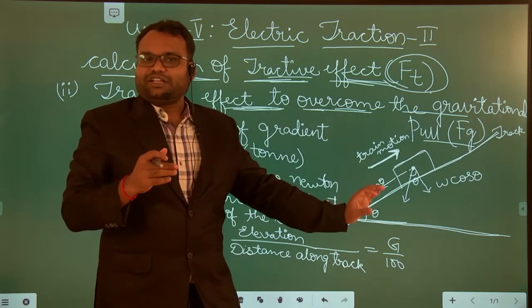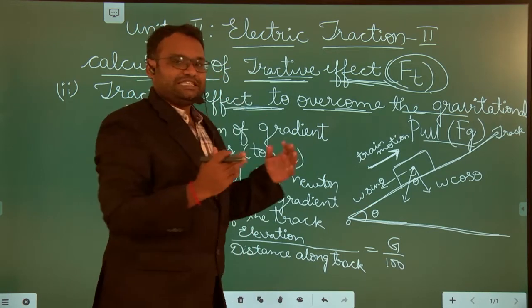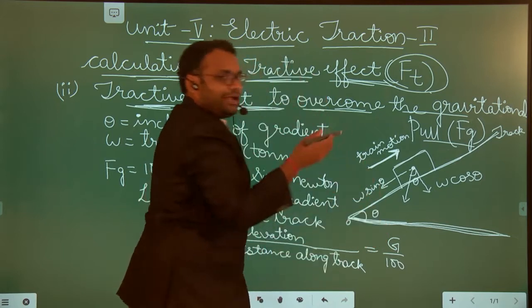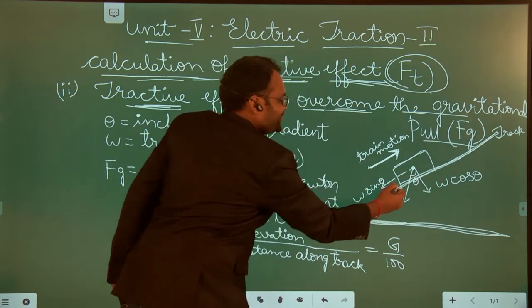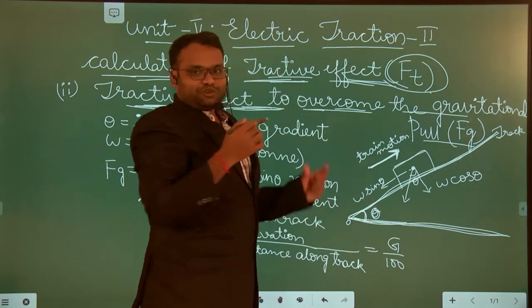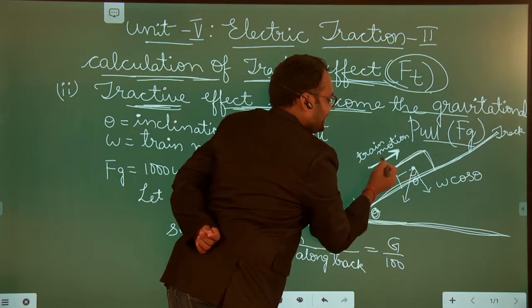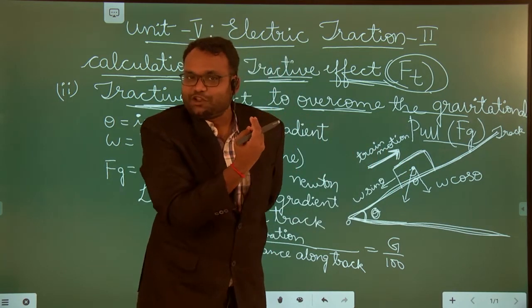For the third one, to overcome the gravitational pull, first consider that this part is the ground, and this is the track, elevated with an angle theta from the ground. This is the locomotive or train, and the direction of the train is upwards, that means against the gravitational force.